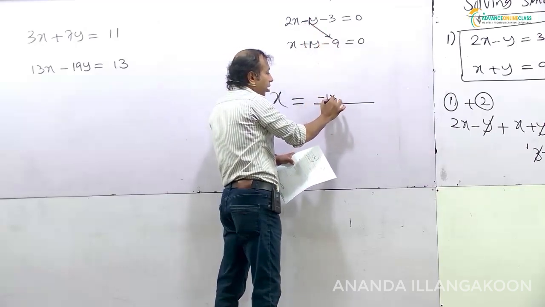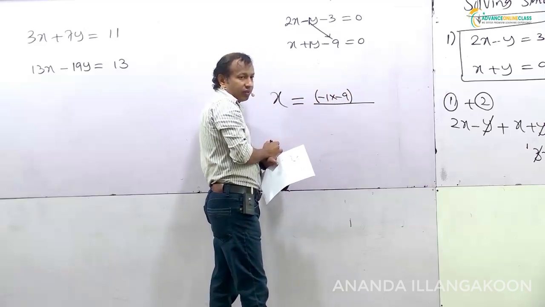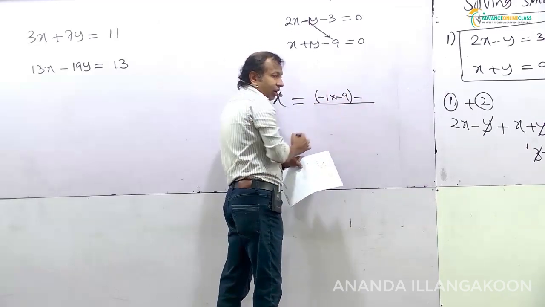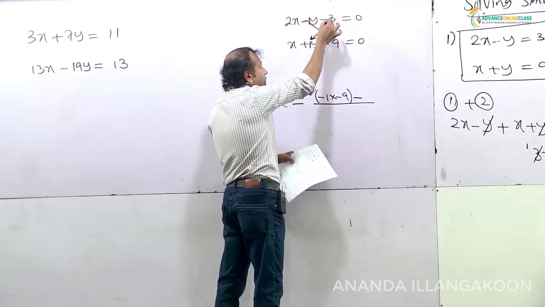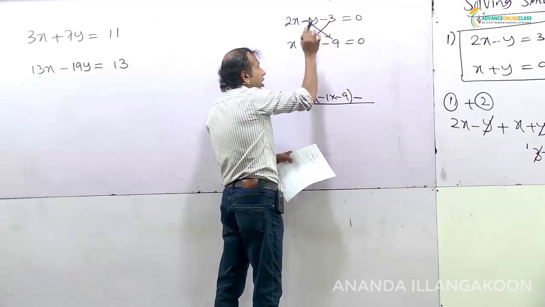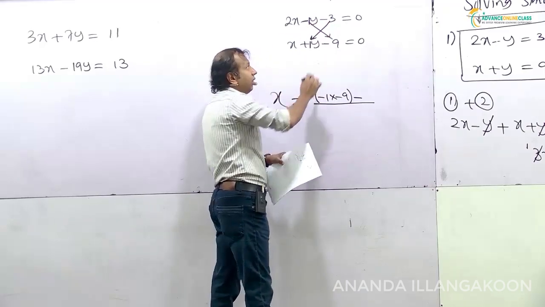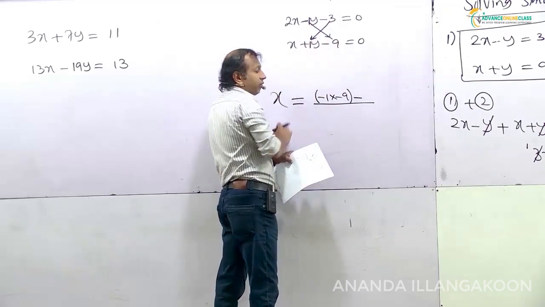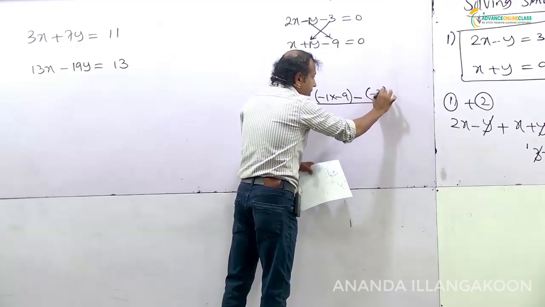Minus 1 into minus 9. We put in a bracket, and put minus sign and multiply this way. This value with this coefficient. There we have to take the signs also. What do you get there? Minus 3 into 1. What is that? Minus 3, inside the bracket.